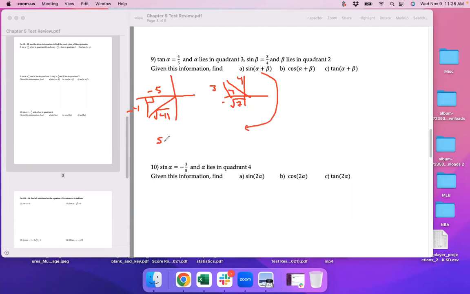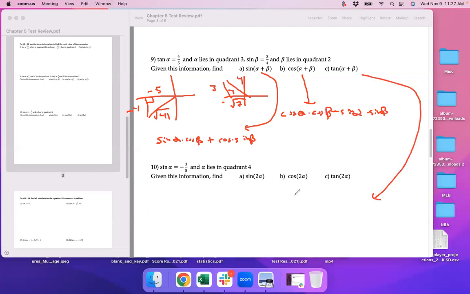Working these out, sine alpha times cosine beta plus cosine alpha times sine beta. This one's going to be cos alpha times cosine beta, minus sine alpha times sine beta. It's a good thing that these formulas are provided for you so that you don't have to memorize.